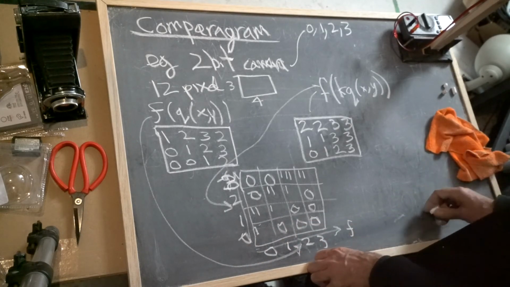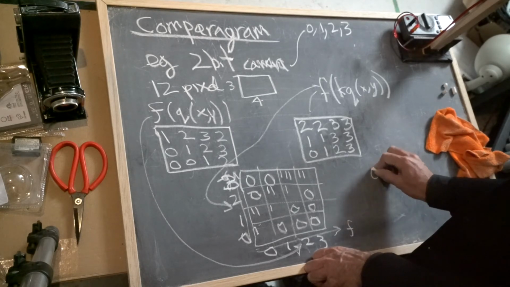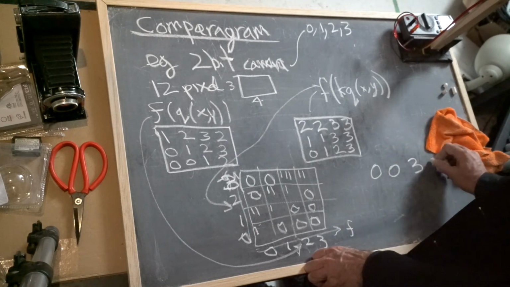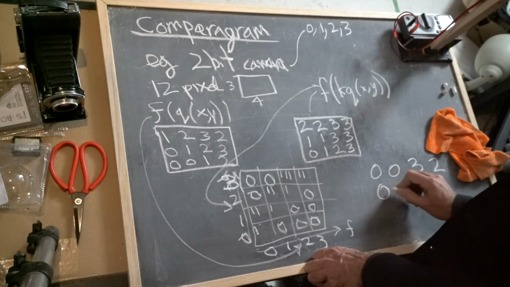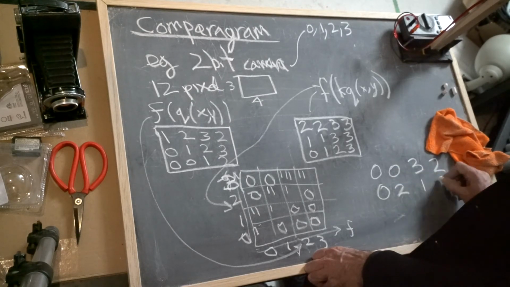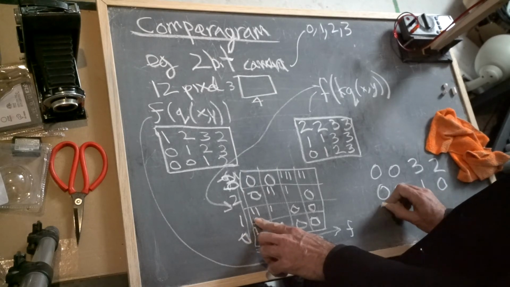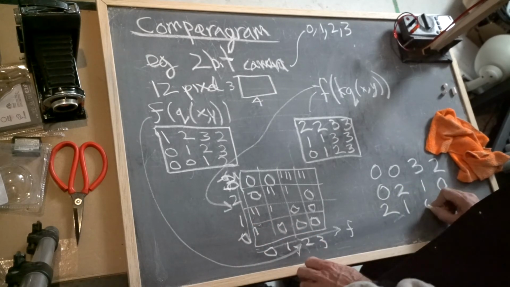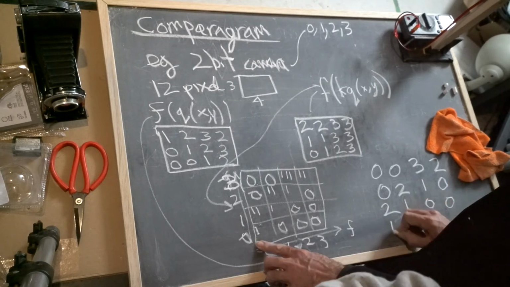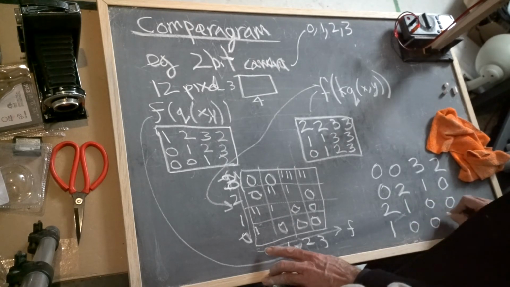So now you've computed the comparagram. In other words, it's 0, 0, 3, 2, 0, 2, 1, 0. This is just tallies, totals. 2, 1, 0, 0, 1, 0, 0, 0.